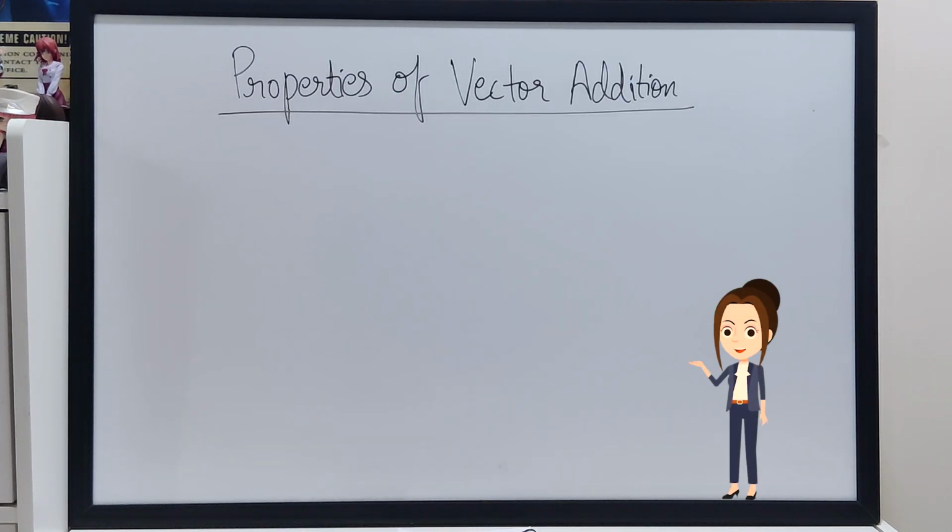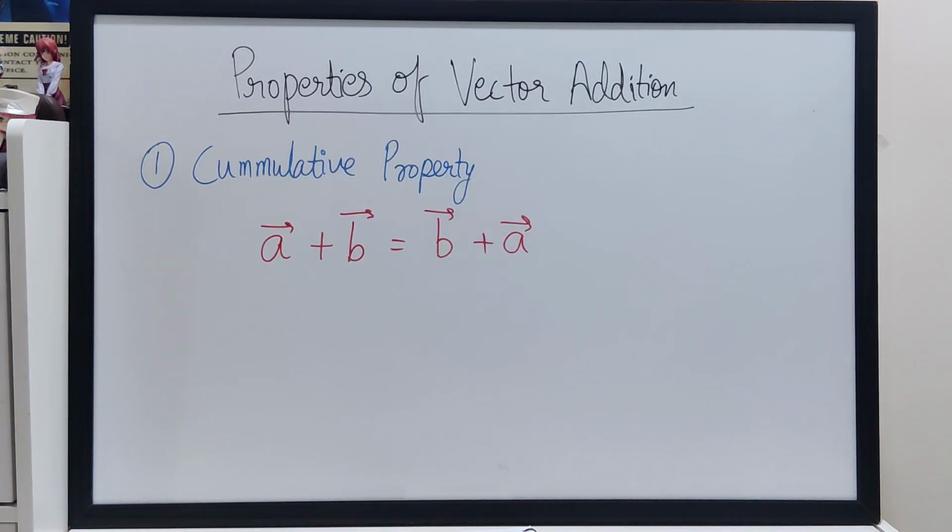Now let's begin with the properties of vector addition. Vector addition follows the commutative property, which means the sum of vector A and B will be same as the sum of vector B and A, same as we discussed before in the parallelogram case.